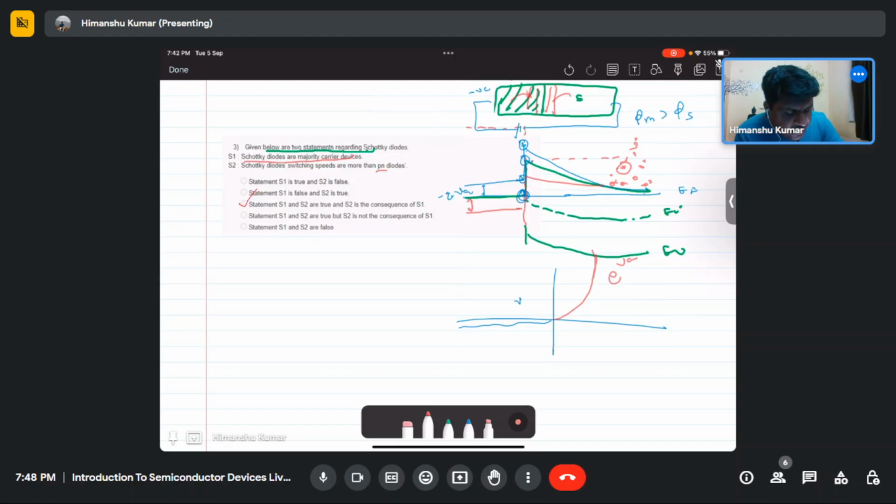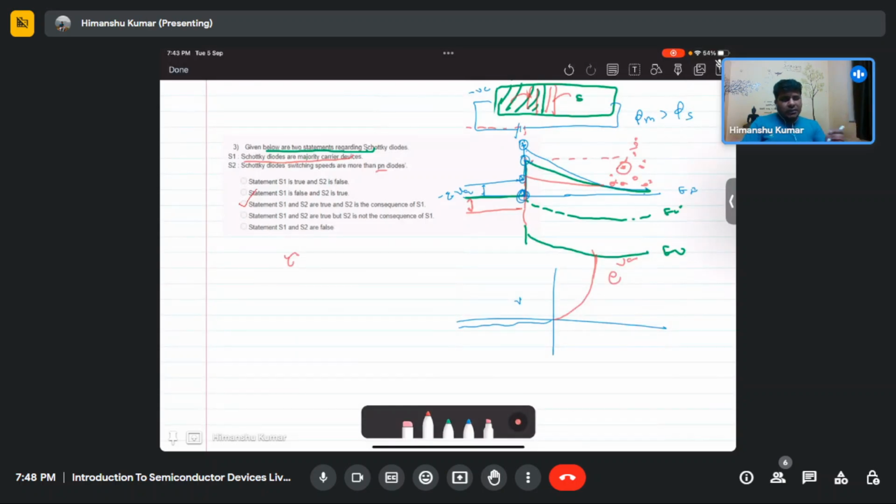So this removing and adding creates a lifetime, tau. That defines how fast you can switch a diode. If you go from forward to reverse bias, how fast you can remove or generate those carriers will determine your switching speed.